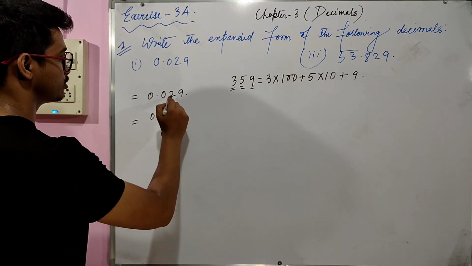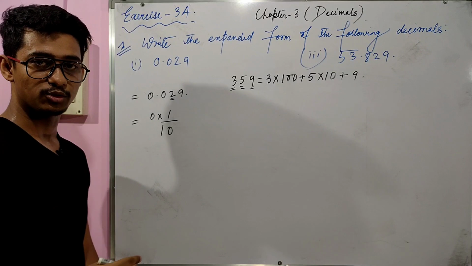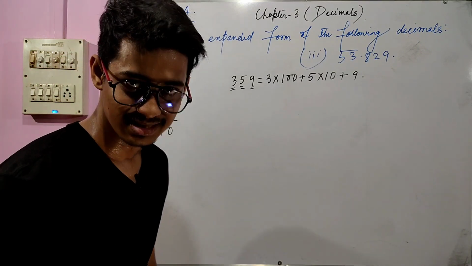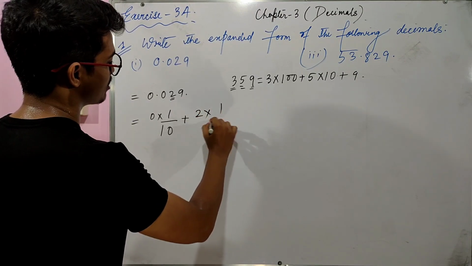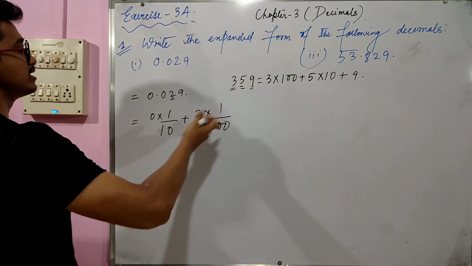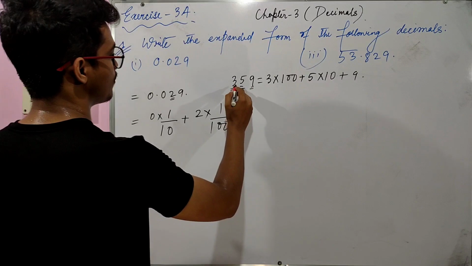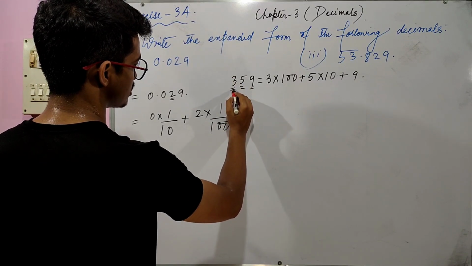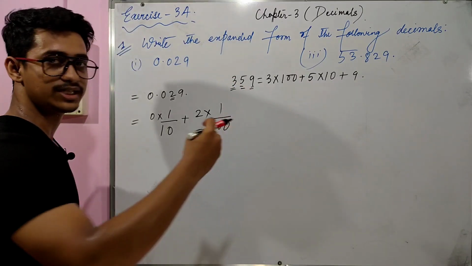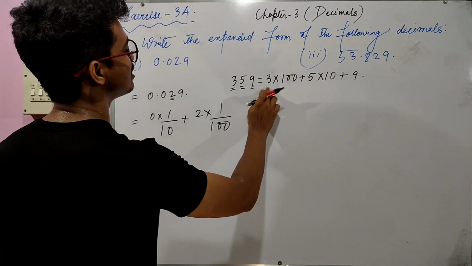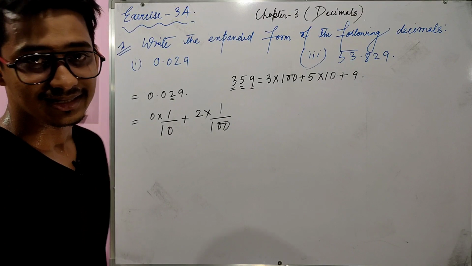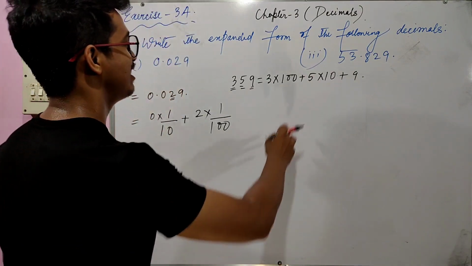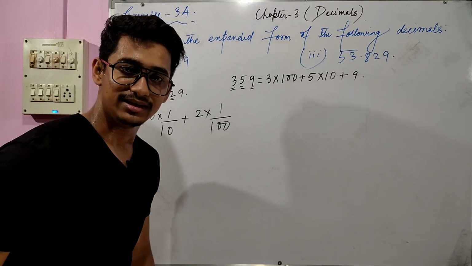Now let's jump to the position of 2. What is the position of 2? That is hundredths. How will you write hundredths? That is 2 into 1 by 100. It is very similar to the previous type. First we concern ourselves with the position, that is 3. What is the position of 3? That is 100, so we write 3 in isolation and multiply it with its position.